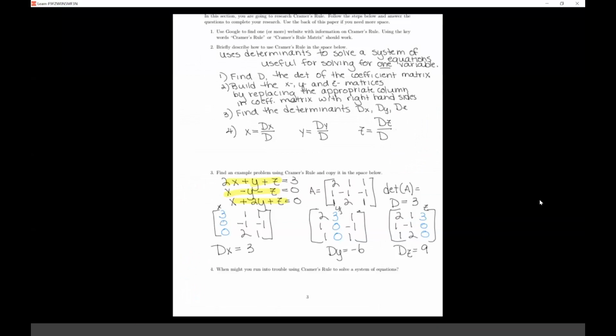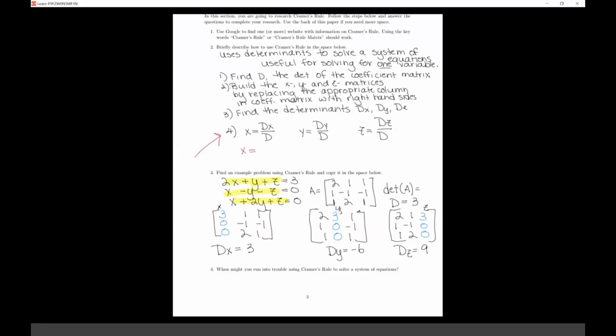And again, according to what I have up here, you can see how I can use the values that I've got to actually figure out what X, Y, and Z are.